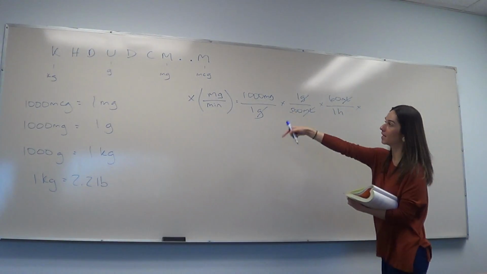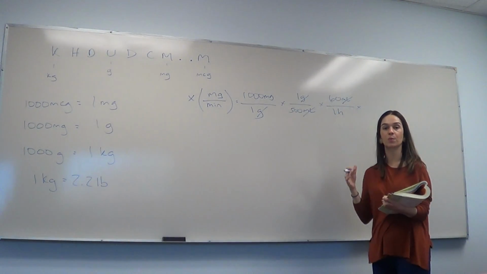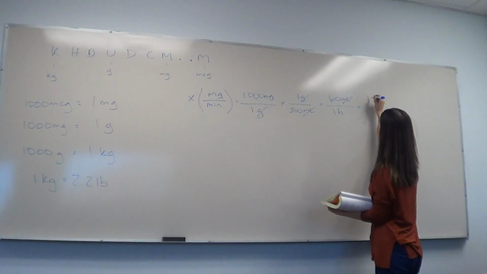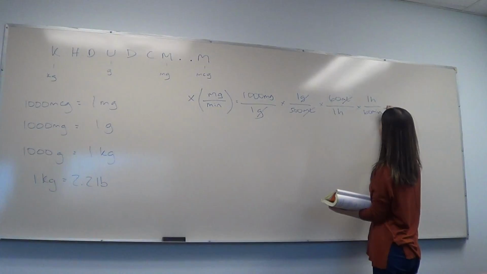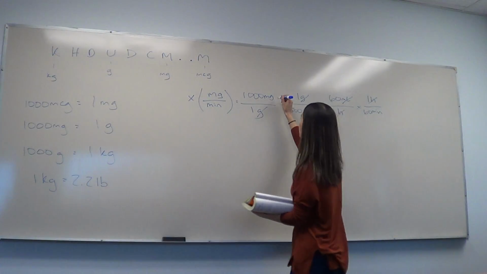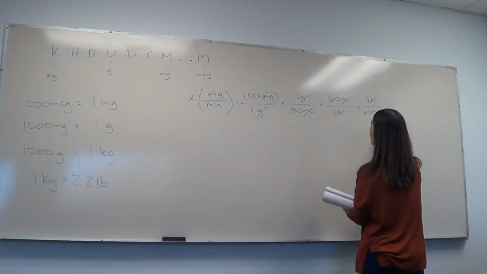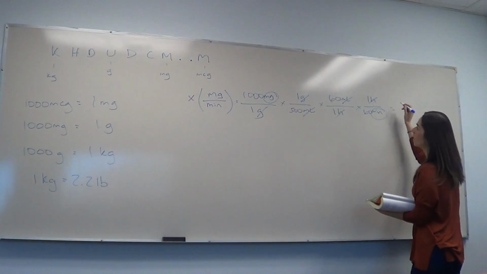We need to get minutes on the bottom, and we know our relationship with hour to minutes. 1 hour, so hour goes on top, is equivalent to 60 minutes. So our hours marks out. We are left with milligram per minute. We do our math.